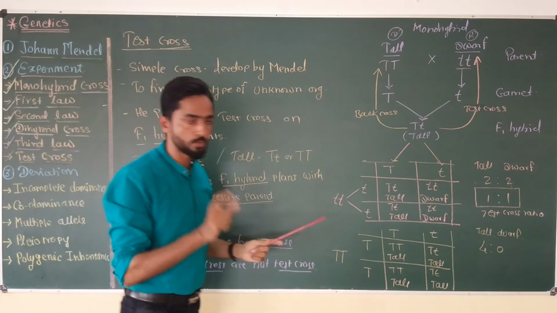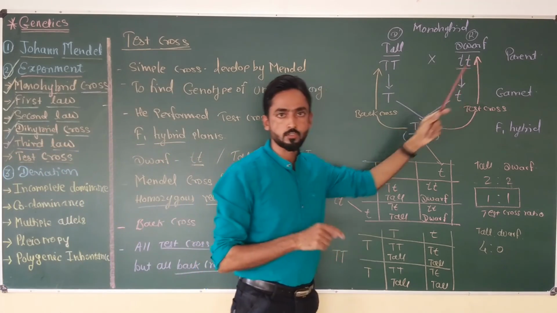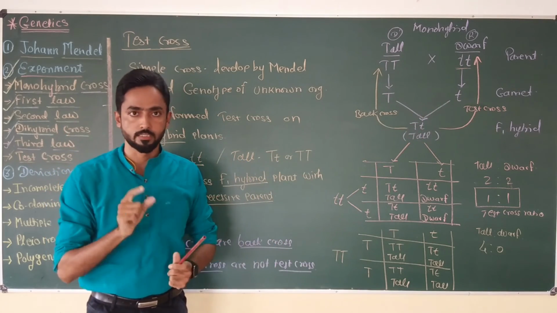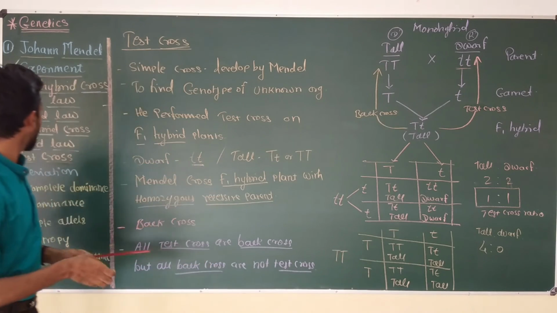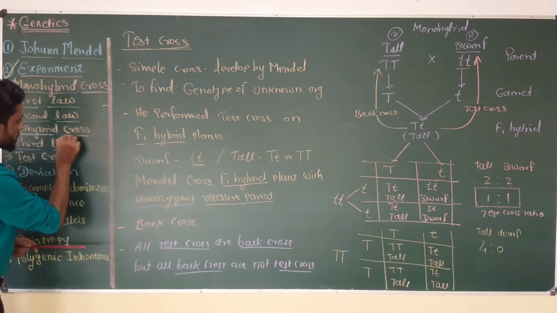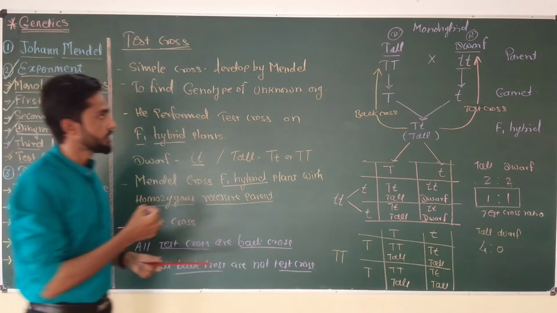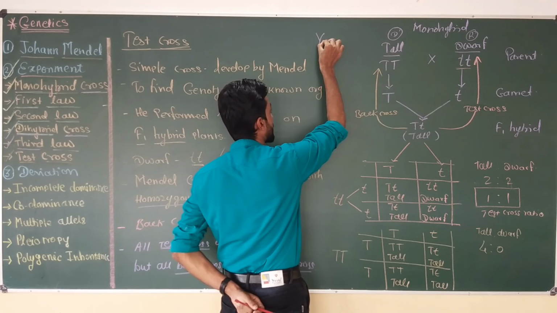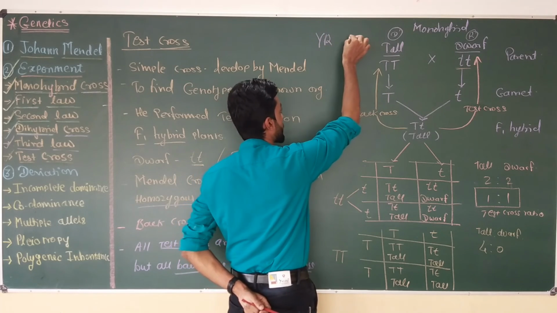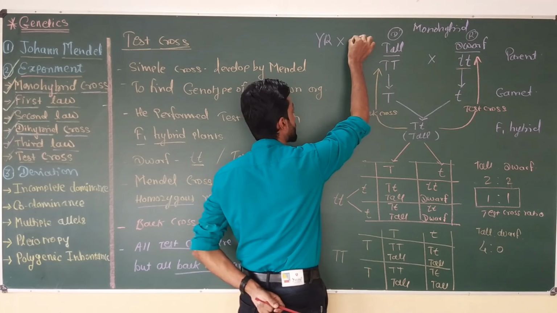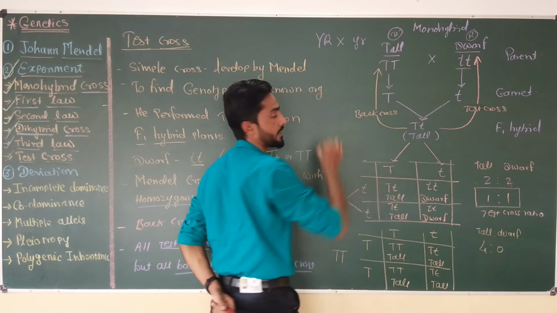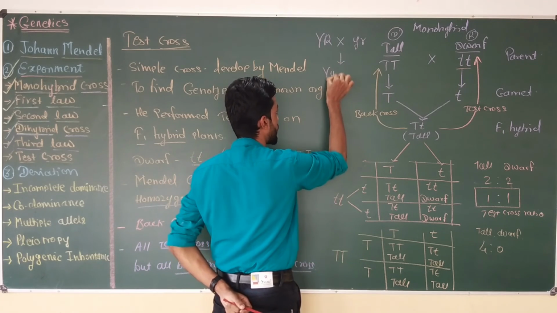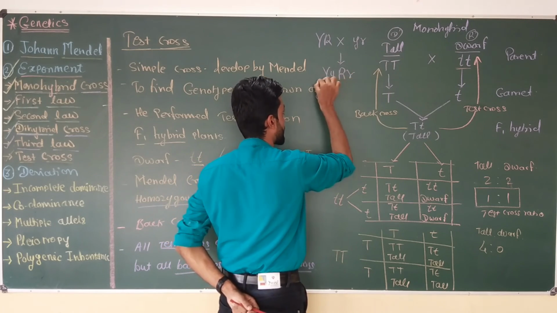Okay, Mendel also used the same type of test cross to determine the genotype of the dihybrid F1 generation. Okay, because in dihybrid cross the F1 hybrid shows genotype, for example yellow and round parent when crossed with green and wrinkled parent, will give the F1 generation as capital Y small y and capital R small r.